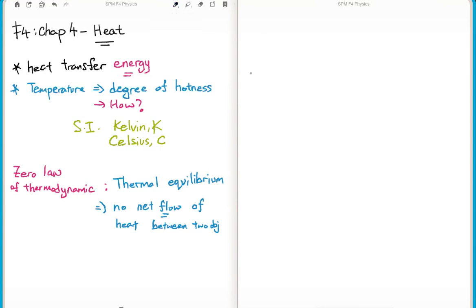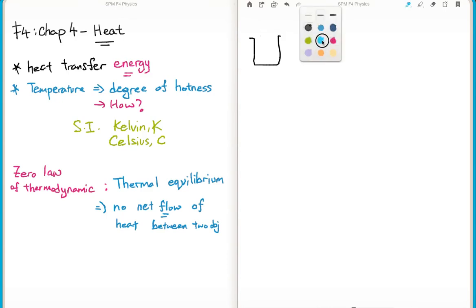Say for example, you have a cup of water, initially at normal ambient temperature. What happens is you put in some ice cube and it floats.